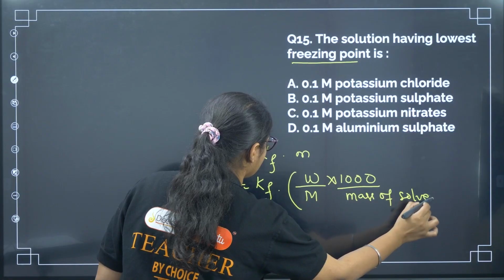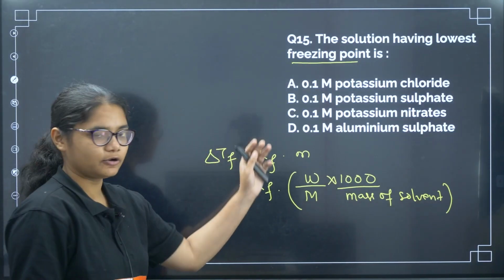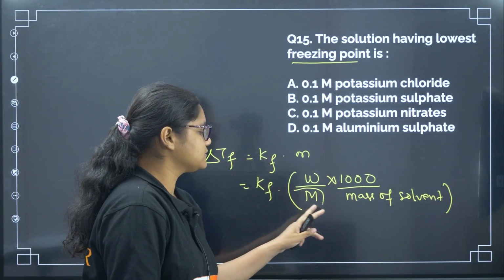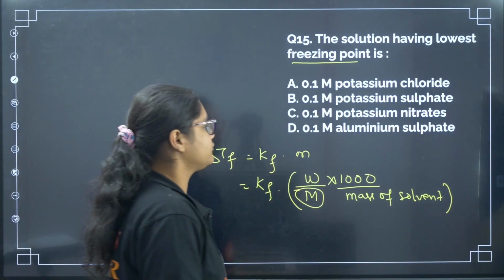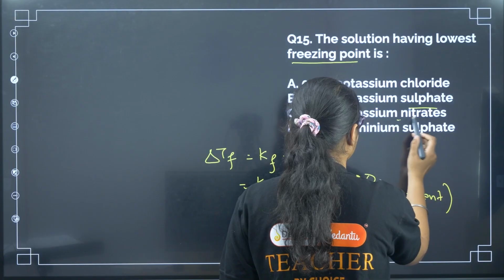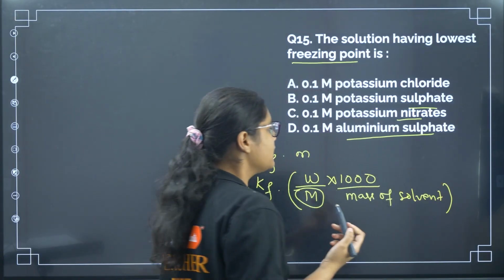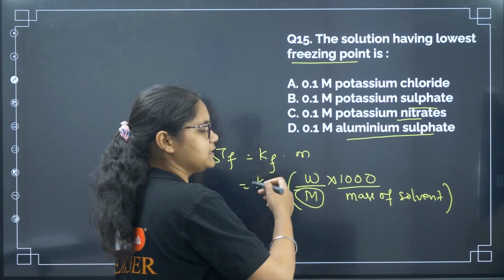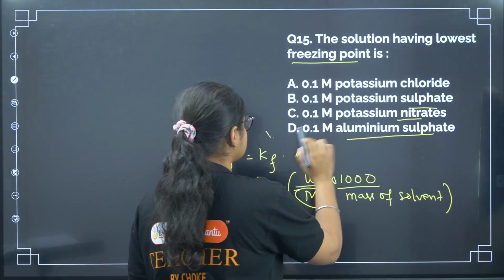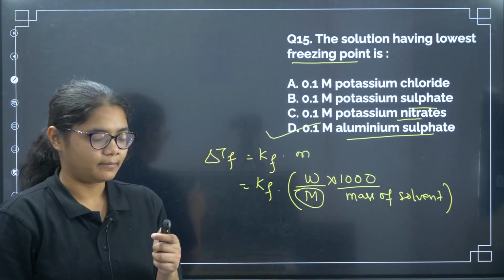The molarity is same for all, so whosoever's molar mass will be highest, its freezing point will be least. Among potassium chloride, potassium sulfate, potassium nitrate and aluminum sulfate, the aluminum sulfate mass will be higher. If mass is higher, the freezing point will be less. So the correct answer for this question will be option number D.